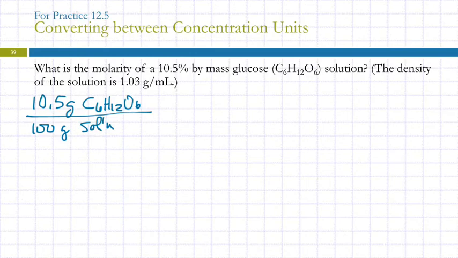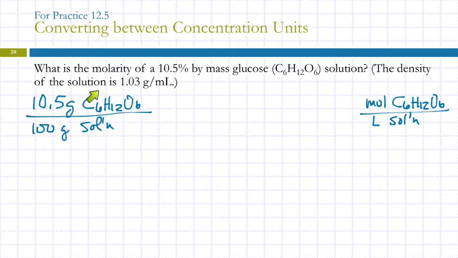The molarity is moles of glucose per liter of solution. So there's two main approaches here. One is the maybe more elegant way, but might not make sense to a lot of students.